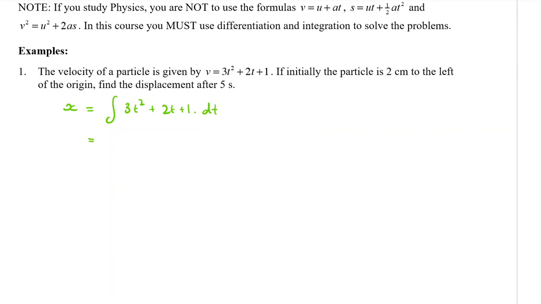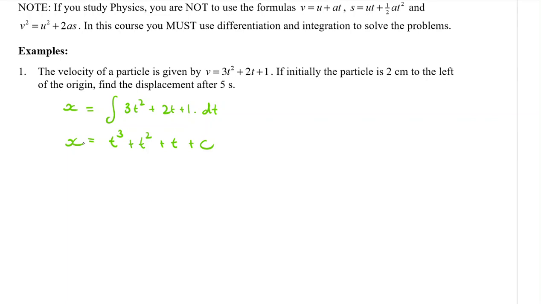When I integrate, I add 1 to the power, divide by the power, which means those 3's are going to cancel off. So I just want to write down here t cubed. Then let's do the same thing with the 2t. That will become t squared over 2. Again, the 2's are going to cancel off. So that will be t squared. And then integrating 1, we get t, and then we have plus c.